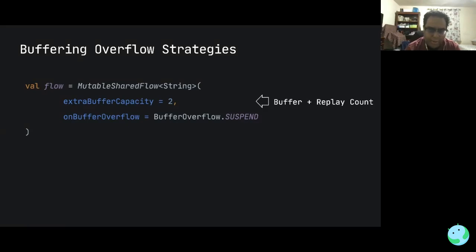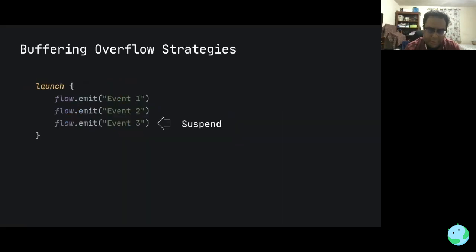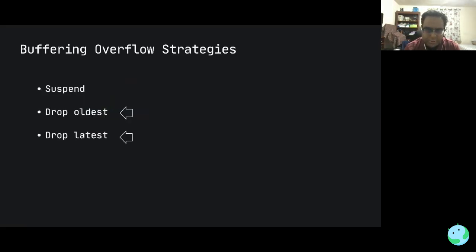What I have here is no replay count; replay count is 0, but I have extra buffer capacity of 2, and onBufferOverflow is suspend. So when I send two items and attempt to send the third, it will suspend until the consumers have consumed the events. The next strategies are very simple to understand.